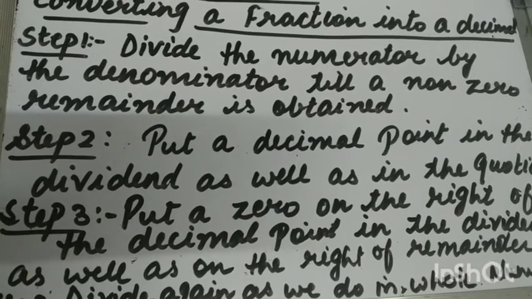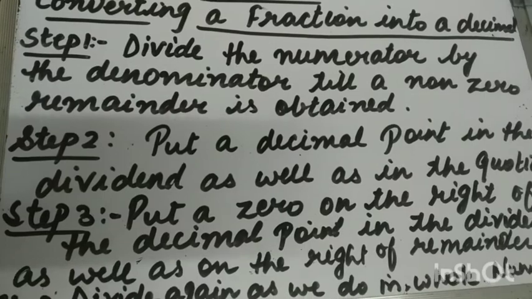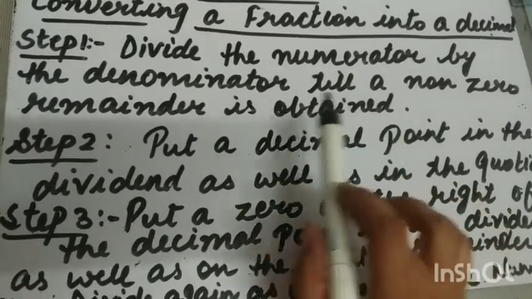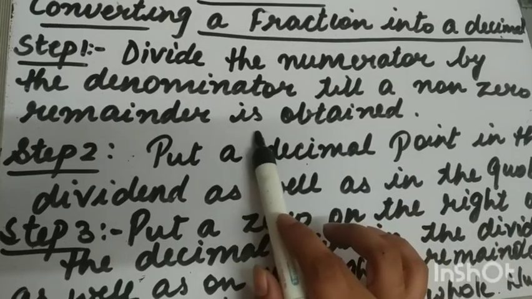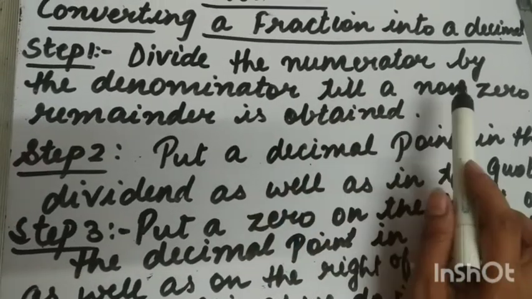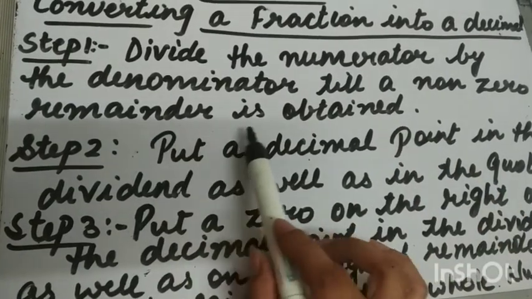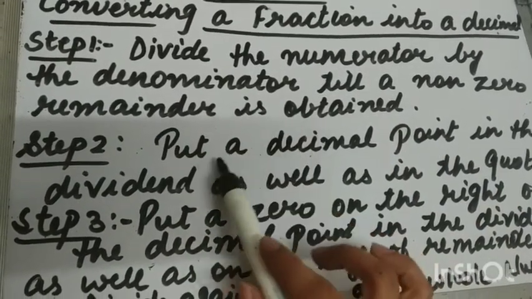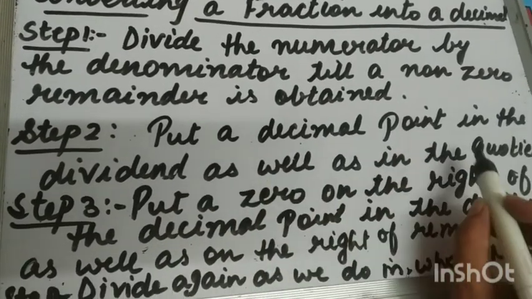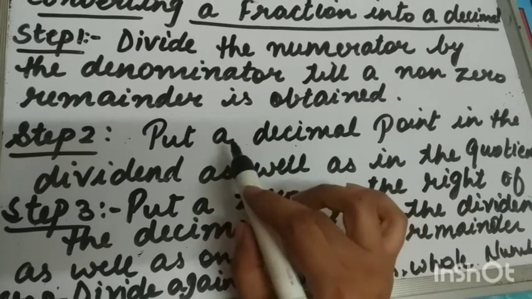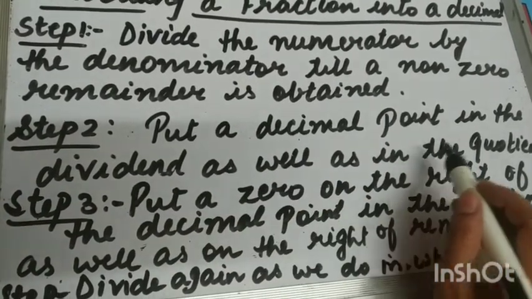If the denominator of a fraction is not a power of 10, then what we do, we divide the numerator by the denominator till a non-zero remainder is obtained. After that, put a decimal point in the dividend as well as in the quotient.